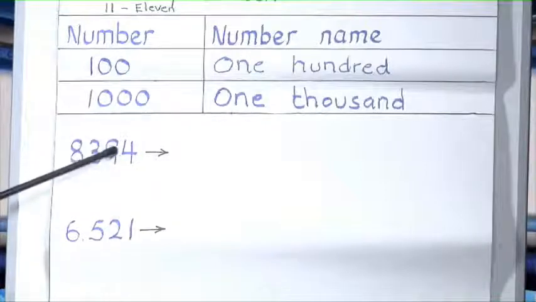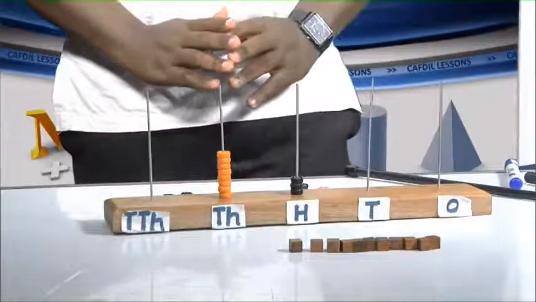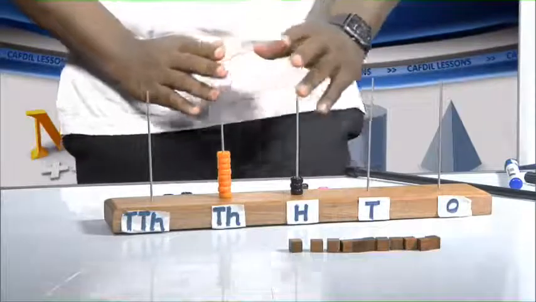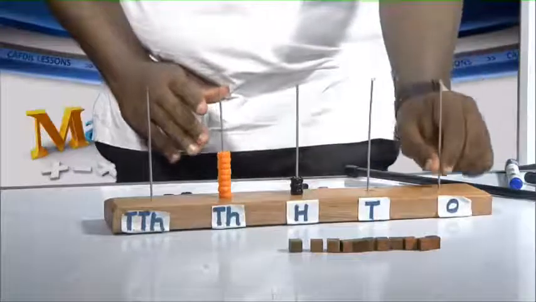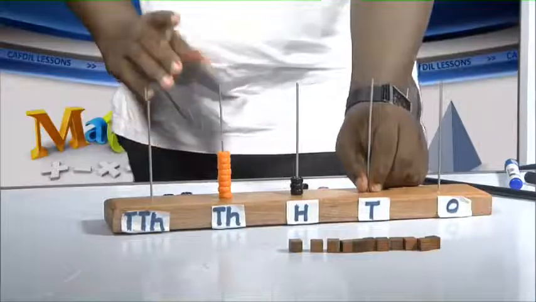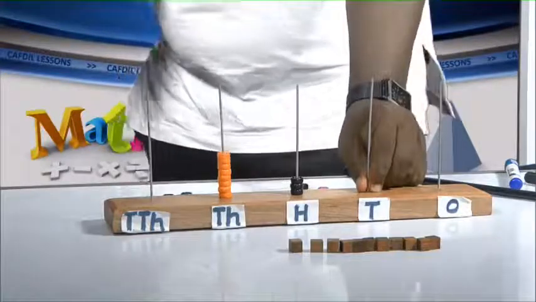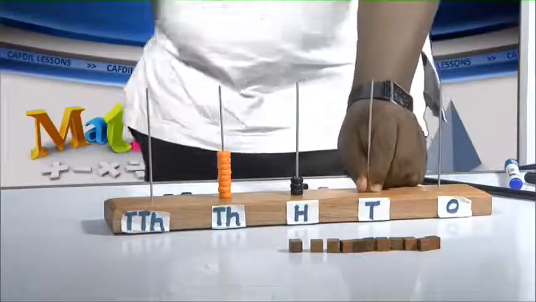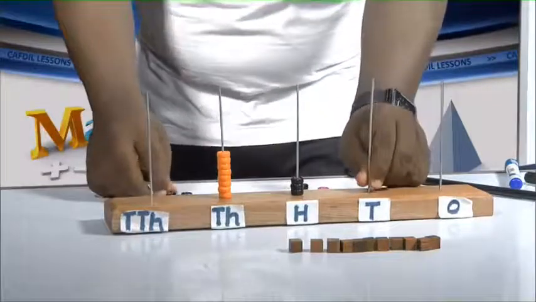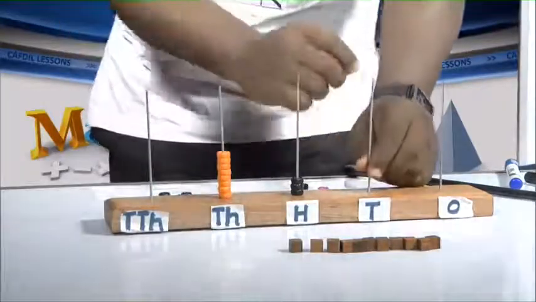90. Okay. So 90, how am I going to place my bead on 90? This is the stand for ones, and this is the stand for tens. So for 90, how many tens do I get? 9. So I'm supposed to place 9 beads here.